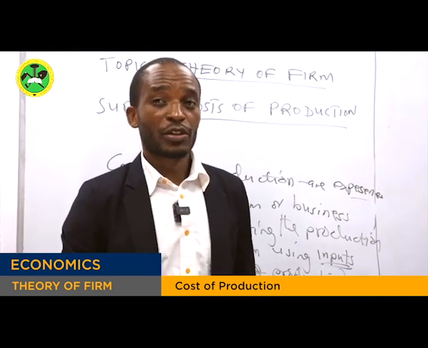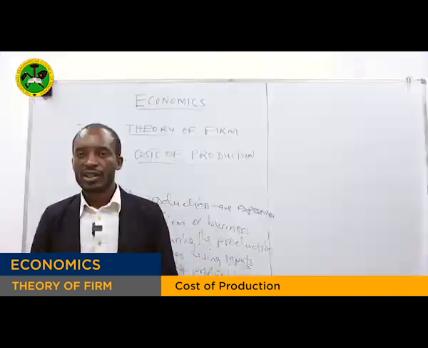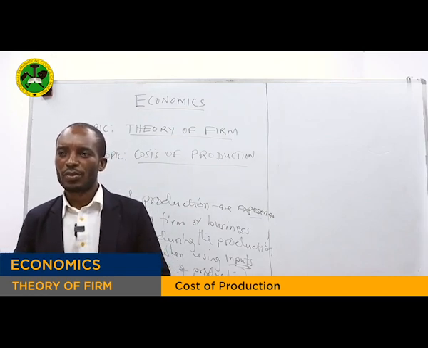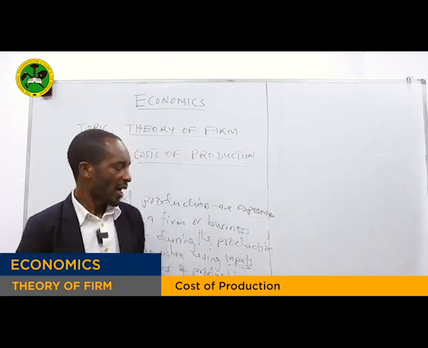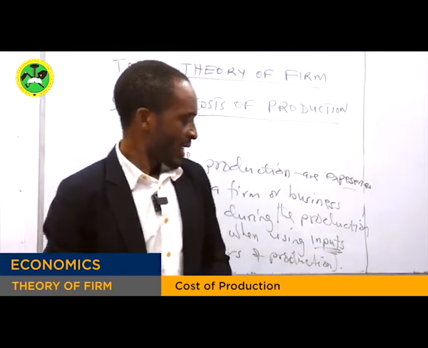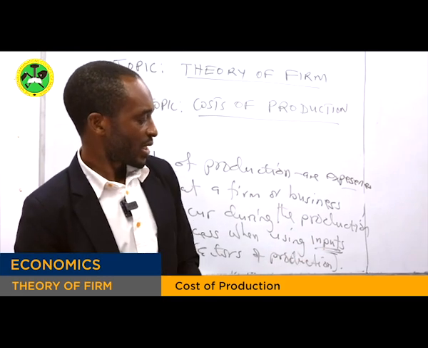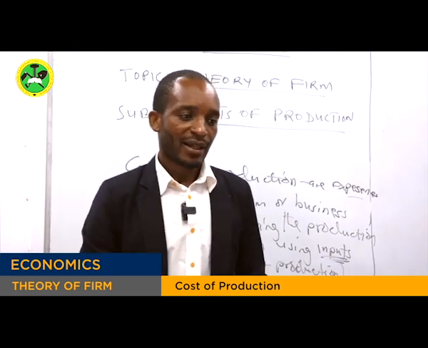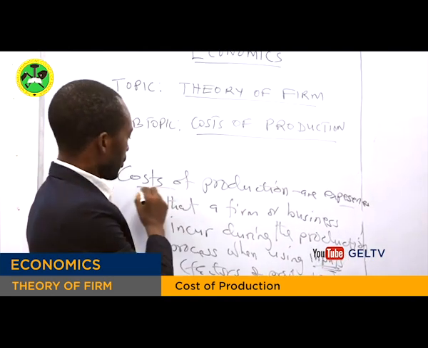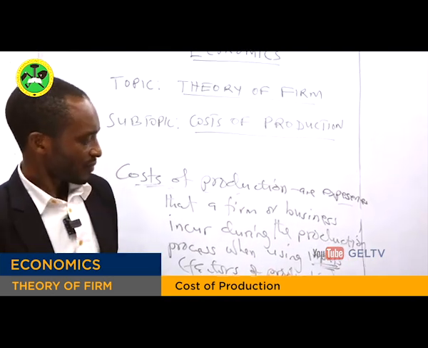The inputs we are talking about here are raw materials, or any materials used to produce a commodity. For the inputs we need to use in the production process, we must pay a certain cost. So we call it the cost of production.